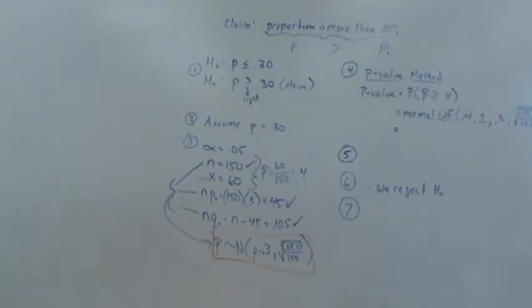So I'm going to go to second VARS, go to normCDF. Okay, so it's going to be 0.4, comma, 1, comma, 0.3, comma, square root of 0.3 times 0.7 divided by 150, and enter.